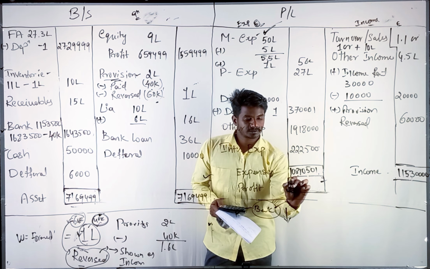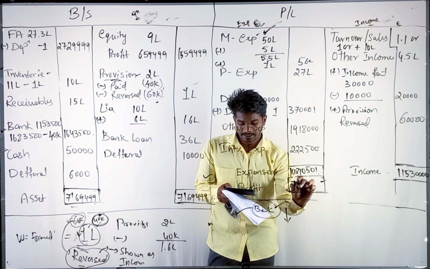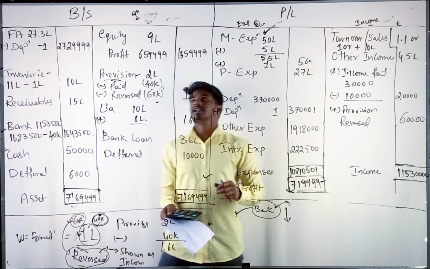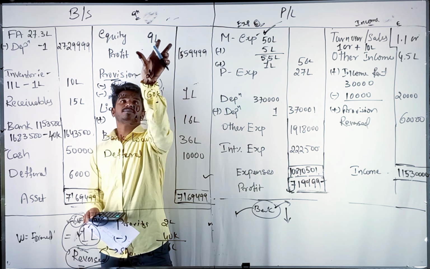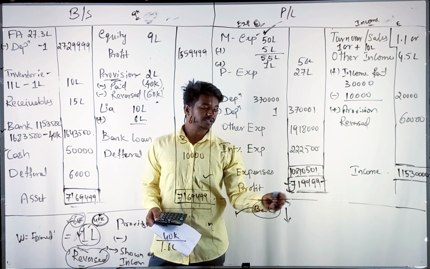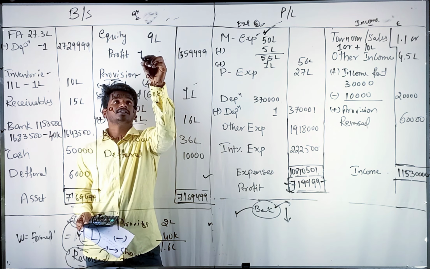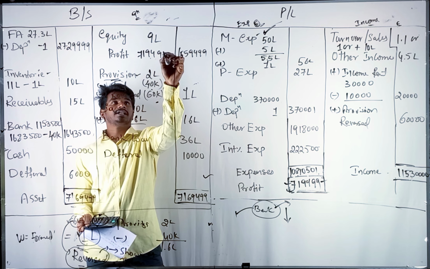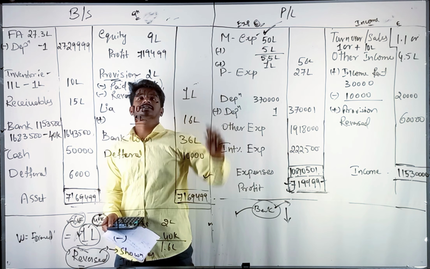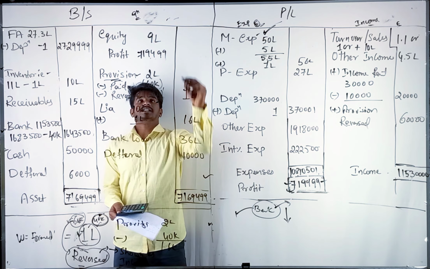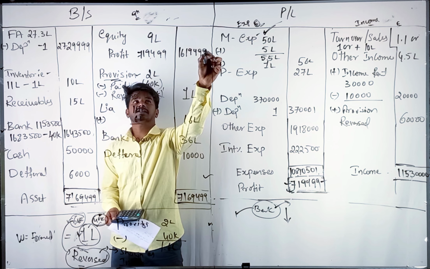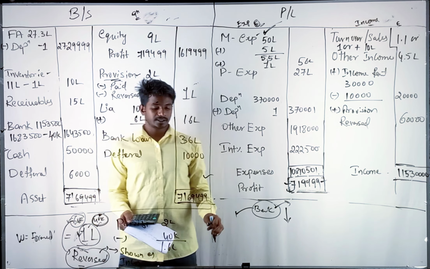It comes out, the total profit will be 719,499. Is that correct? Now we will remove this profit and we will add this profit to the equity. 719,499. The total equity will be changed. 499 will be the total equity.